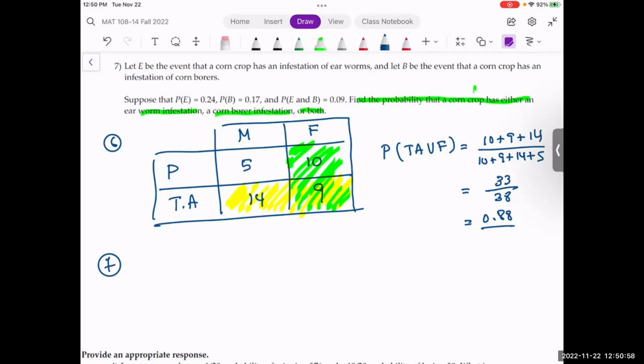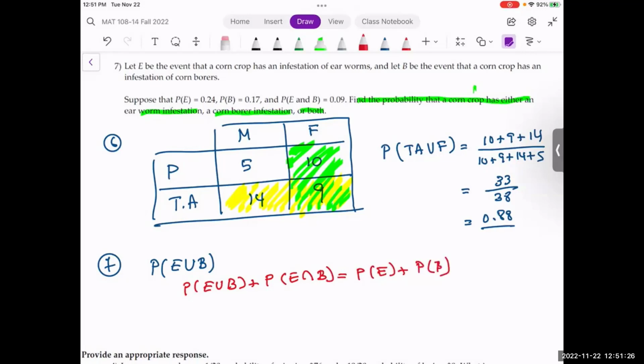So literally, I am looking for the probability of E union B, right? That's the union, correct? And again, I can use my formula. The probability of E union B plus the probability of E intersect B is going to be the probability of E plus the probability of B, correct?